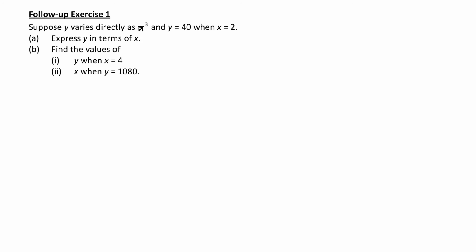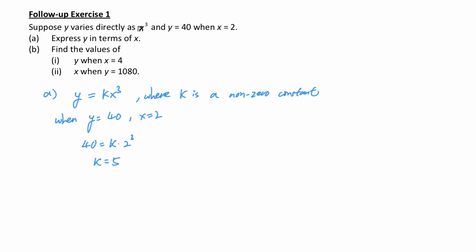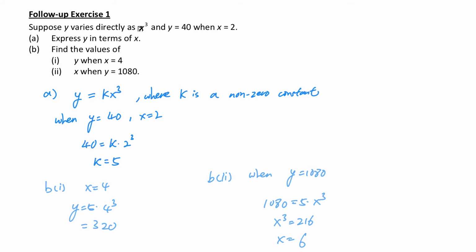Remember, pause the video, do it by yourself. Part A. Suppose y varies directly as x to the power 3, and one specific case. Then you can set up y is equal to kx to the power 3, where k is a non-zero constant. Substitute the information, you can find the constant k. k is equal to 5.